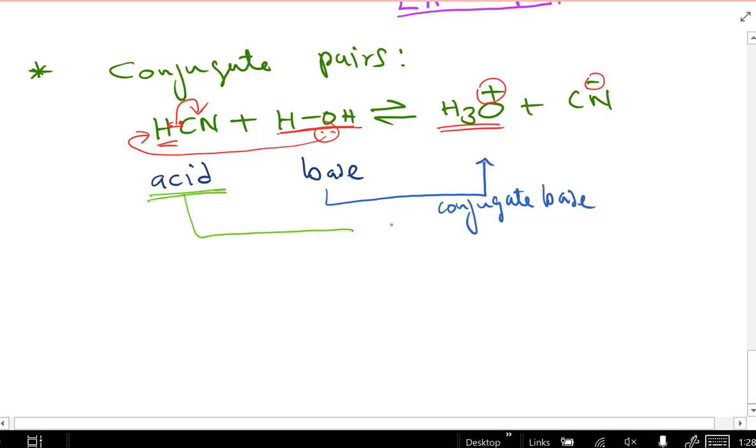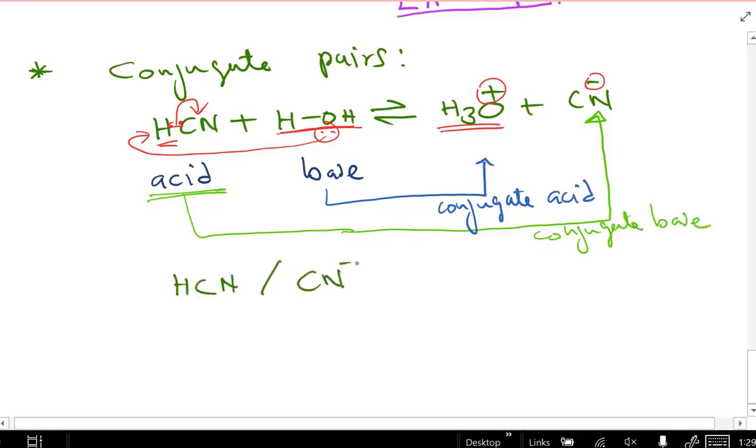Now hydrocyanic acid, water becomes hydronium, conjugate acid, and the hydrocyanic acid becomes cyanide, forming its conjugate base, right? So acid becomes conjugate base and the base becomes conjugate acid.